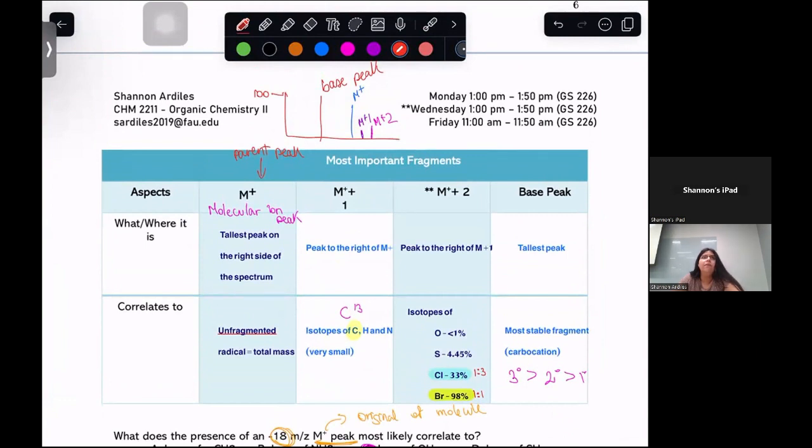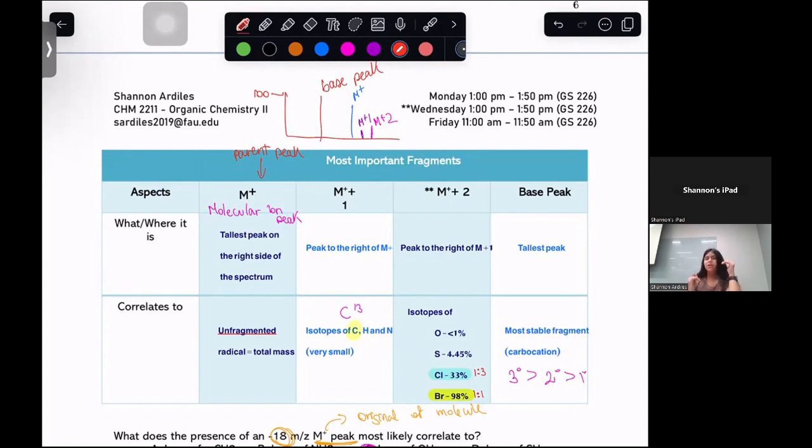So if the ratio is 1:1, that means that both peaks are going to be about the same height. Okay, so that means that bromine is present. But if we see that the M plus 2 peak is about a third of your M plus peak, that means that chlorine is present.